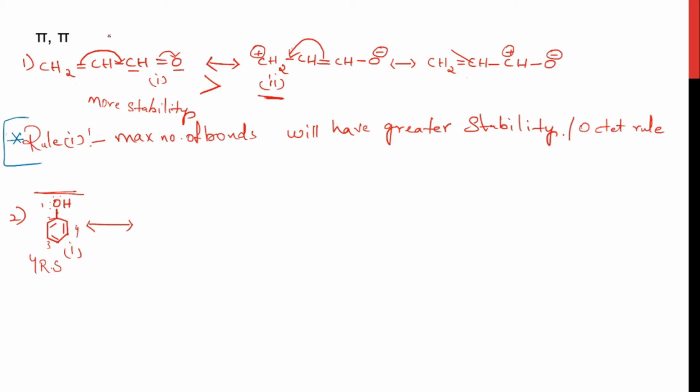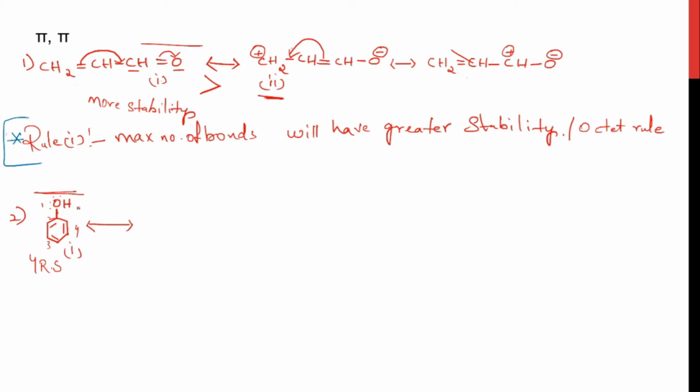And in the earlier example, the oxygen is bonded to the carbon chain with a double bond. When an oxygen is forming the double bond, when it is having a pi bond, the electronegativity of oxygen will increase. The electronegativity will be more.